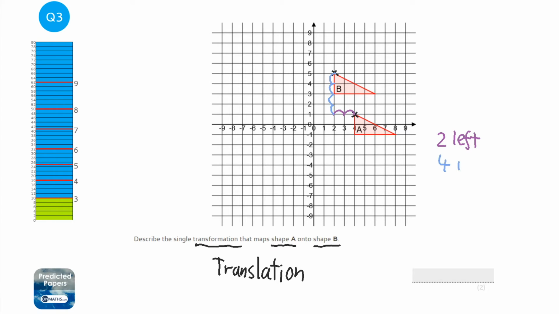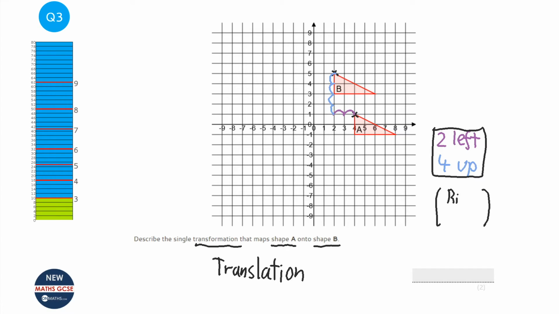So 4 up. Now, the way of showing translations is by using vectors, and it sounds fancy, but it's just putting this information between a bracket. The number at the top of the bracket is how far right it's gone, and the number at the bottom is how far up it's gone. Well, let's do the number at the bottom first.